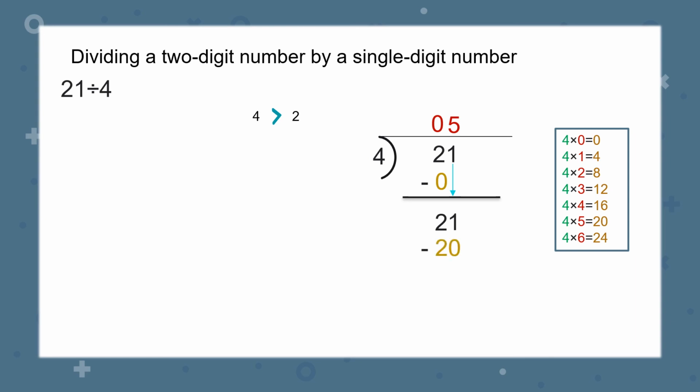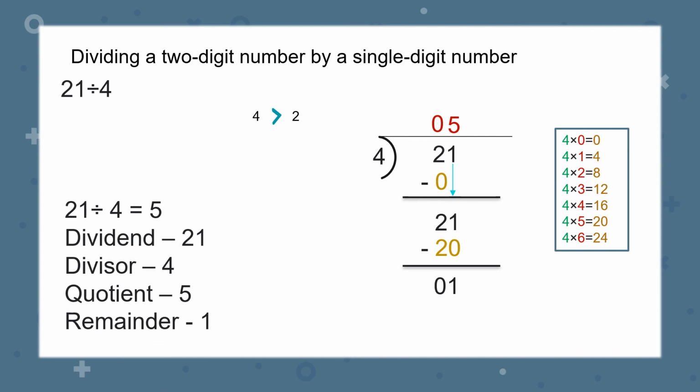Now we will subtract 21 minus 20. So 1 minus 0, 1, 2 minus 2, 0. Now we will write the final answer. 21 divided by 4 is equal to 5. Here dividend is 21, divisor is 4, quotient is 5 and remainder is 1.